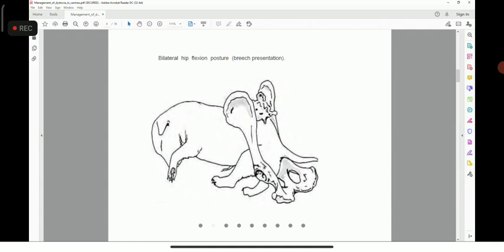Put your finger right here at the hip region, and push it inside. That is called retropulsion. So suppose the hip is pushed inside, what will happen? Automatically these limbs will come out. Then you can hold both the limbs and apply gentle traction, and then the fetus will come out.